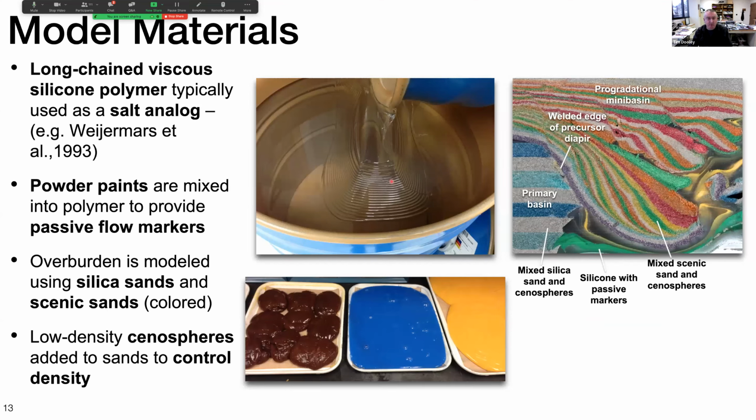As with almost everybody, we use a viscous polymer here as our salt analog, and I can add other paints in here, into the source layer or into pre-built stocks, etc. And we can track flow.